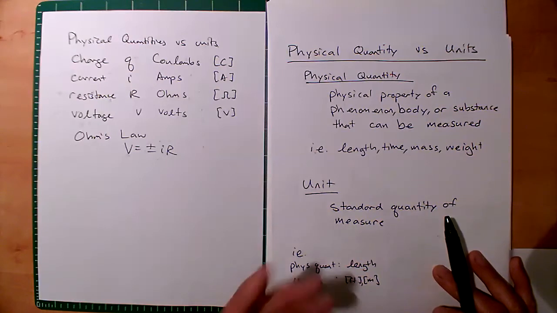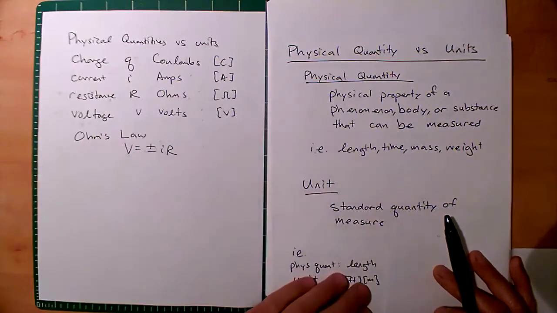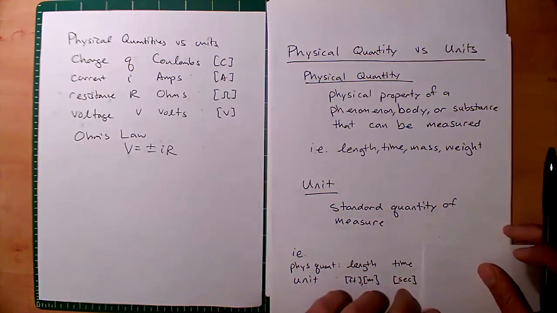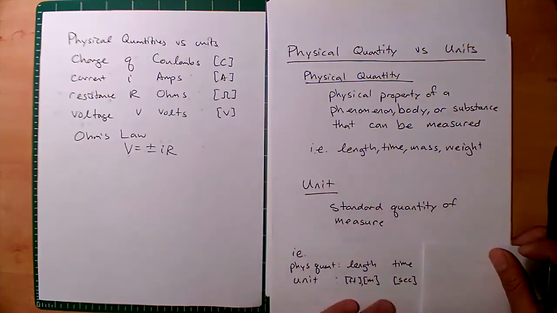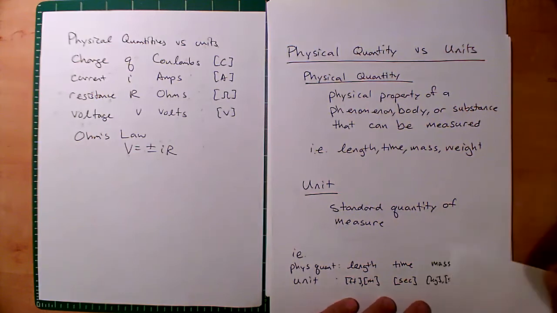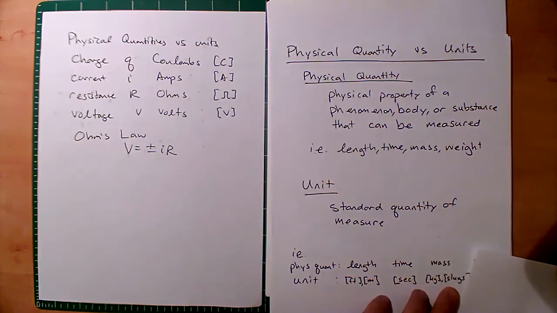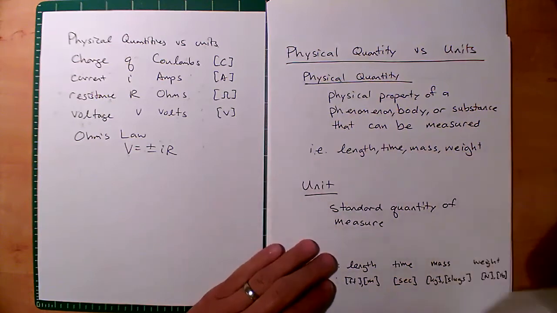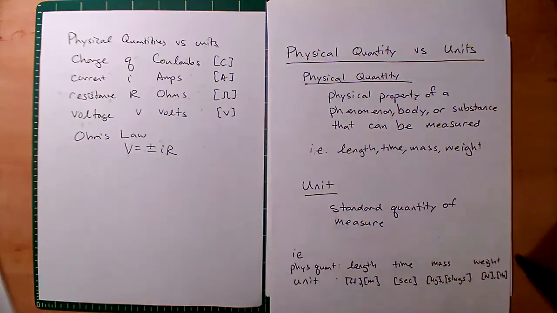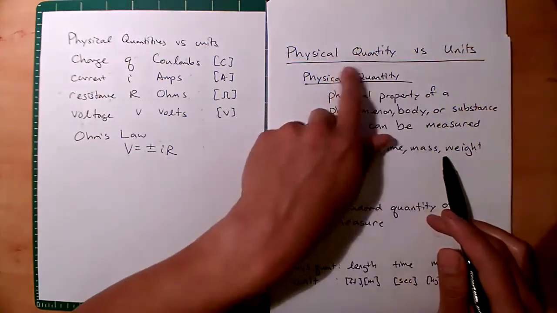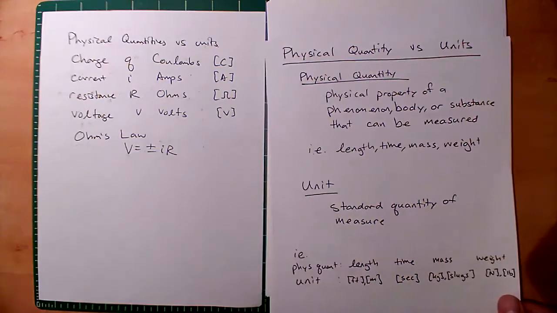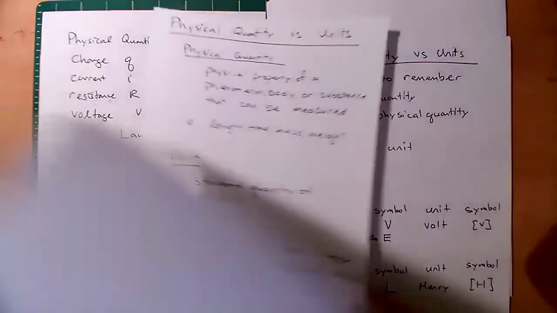If it's time, you have many units: seconds, hours, minutes. If you have mass, you can have kilograms or even slugs, that's another unit for mass. And for weight, you might have newtons or pounds. So these are just examples of the difference between physical quantities and units. I know very basic, but I do want to make sure that you guys have that understanding.